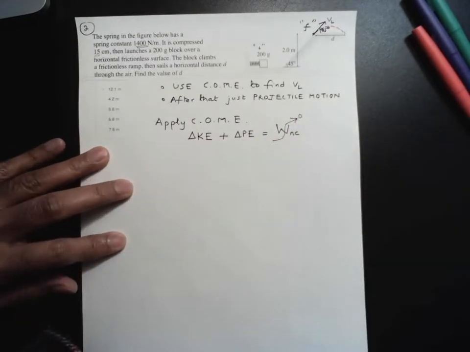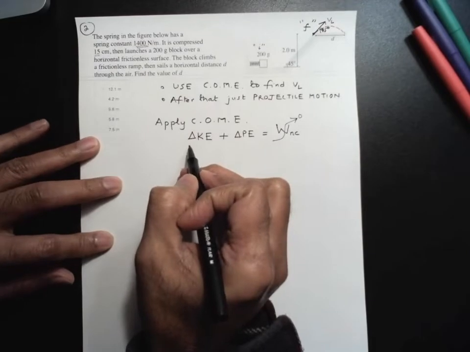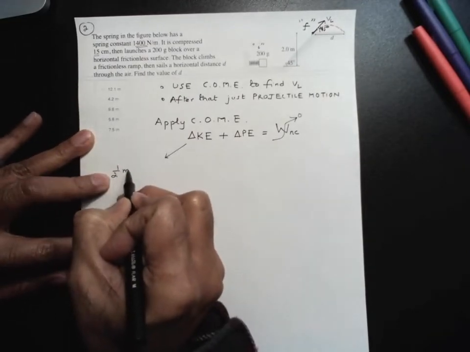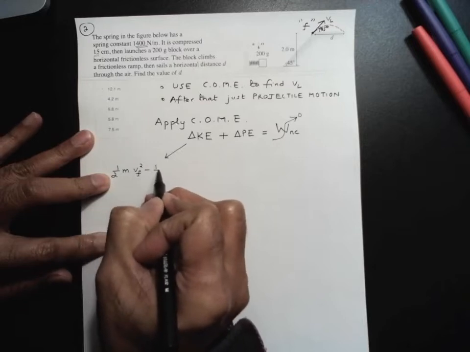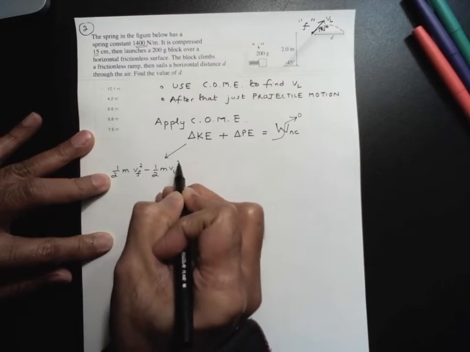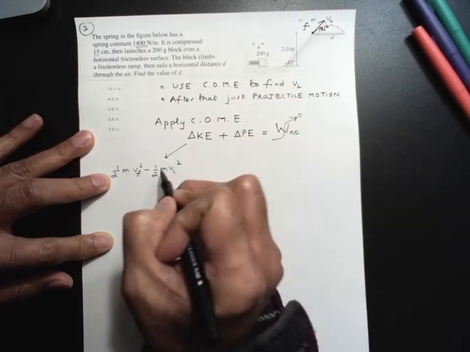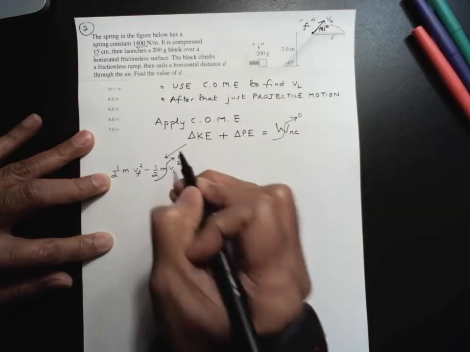And the change in kinetic energy, well, it's always 1/2 m v final squared minus 1/2 m v initial squared, but it starts from rest. It's pressed up against the spring, so that's 0.